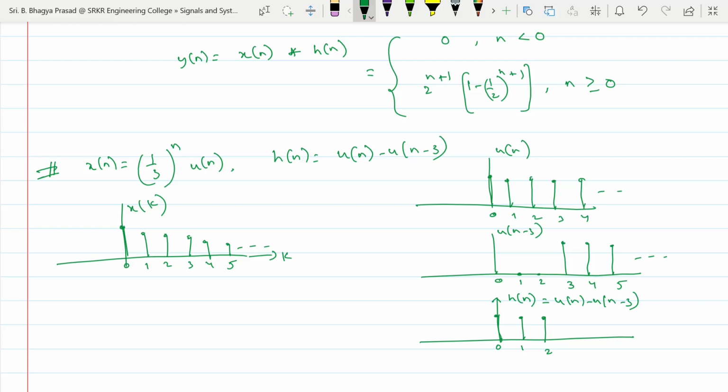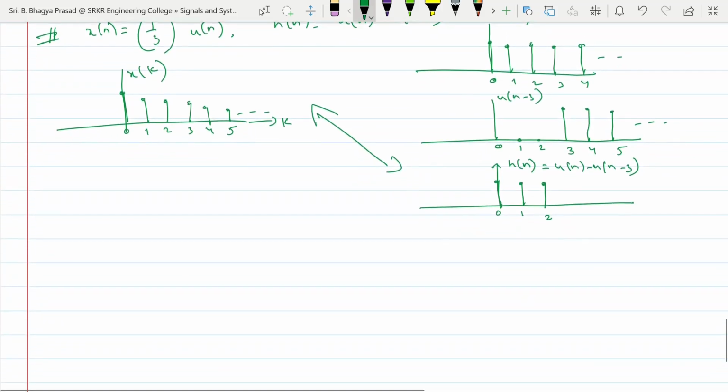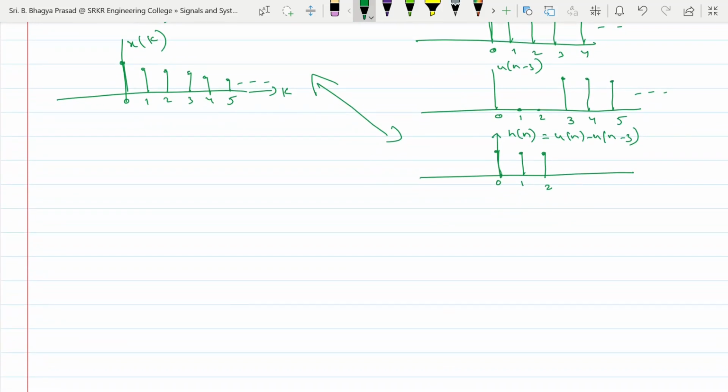So let us convolve these two sequences. Now again I am time reversing and shifting h of k.